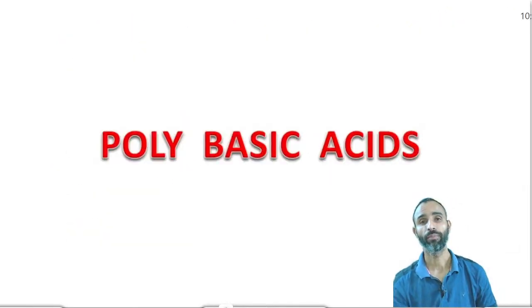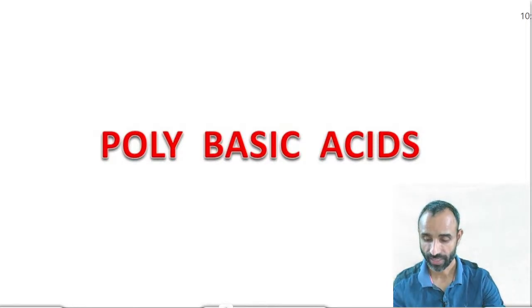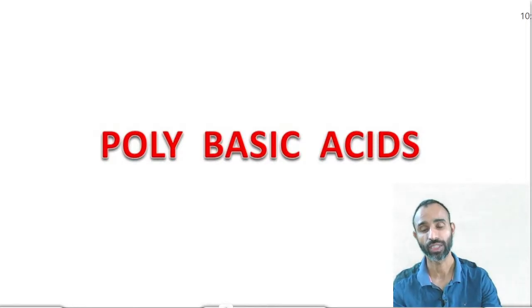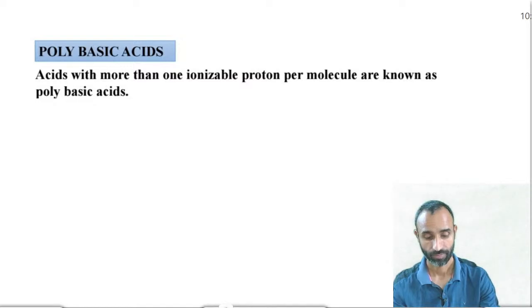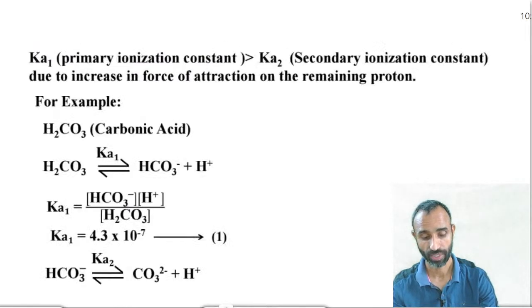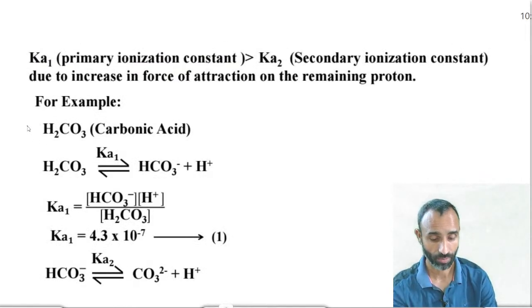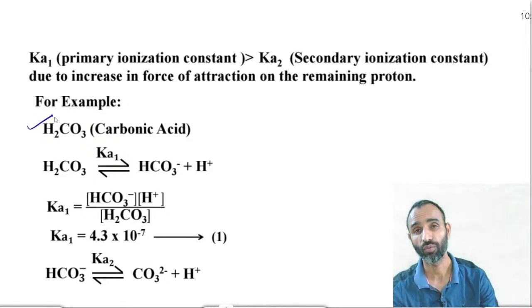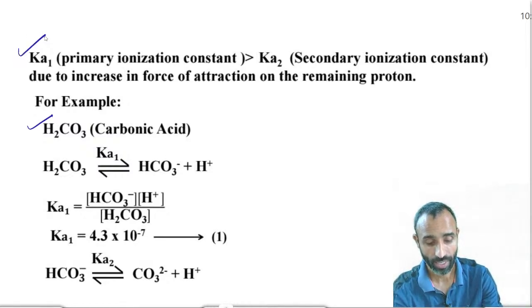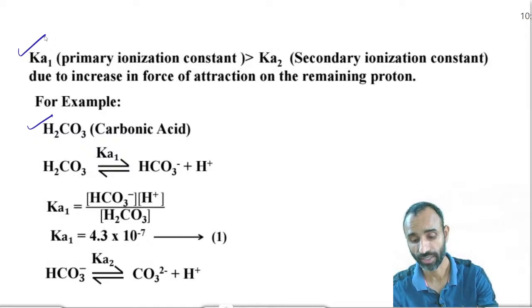Now polybasic acids. Polybasic acid means which can give more than 1 H plus ions. So acids which have more than 1 ionizable protons per molecule are called polybasic acids. For example, we have carbonic acid, and it is always true that Ka1 is always greater than Ka2.